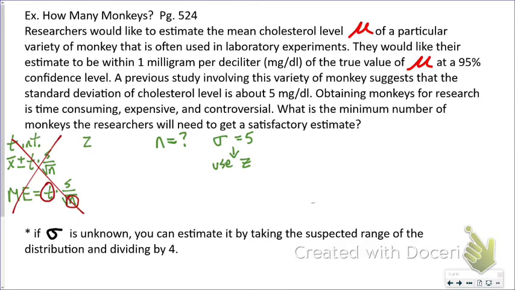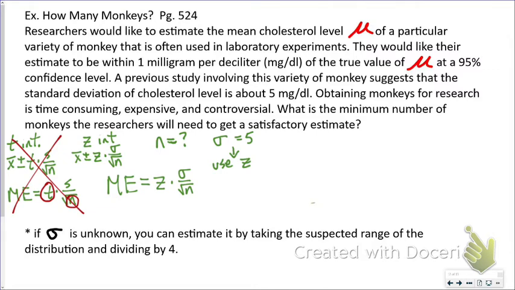That means I am going to use a Z interval where x bar plus or minus Z times sigma over square root of N is the interval. That means our formula is margin of error equals Z times that, and we can plug in.